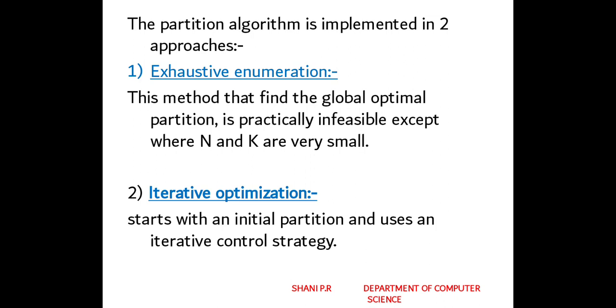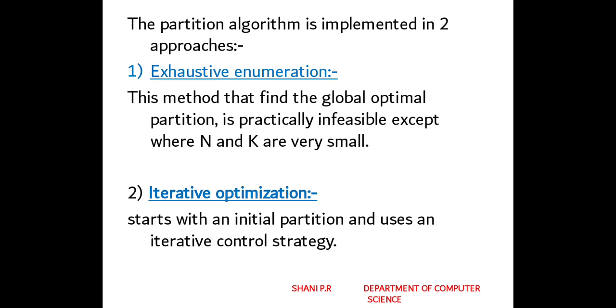So there are different types of distance measures, like Euclidean distance, which is used to find the distance between two points or two elements. Then we have the Manhattan distance, which is the sum of the distances along the x-axis and y-axis. Then we have squared Euclidean, the square of the Euclidean distance.